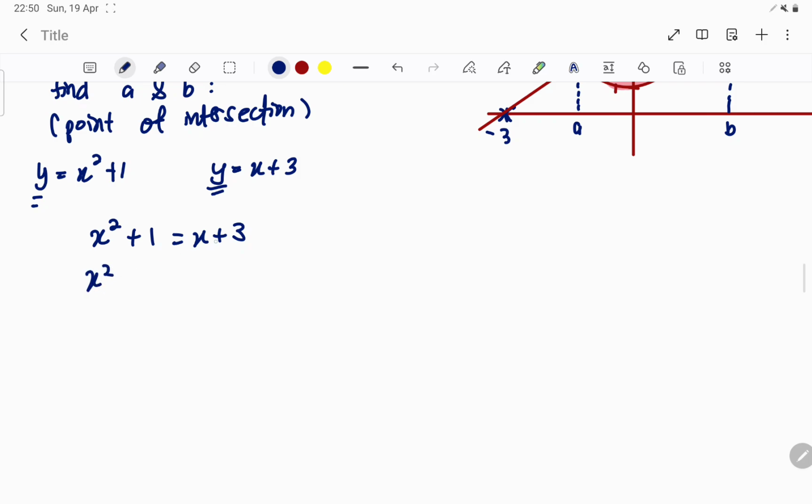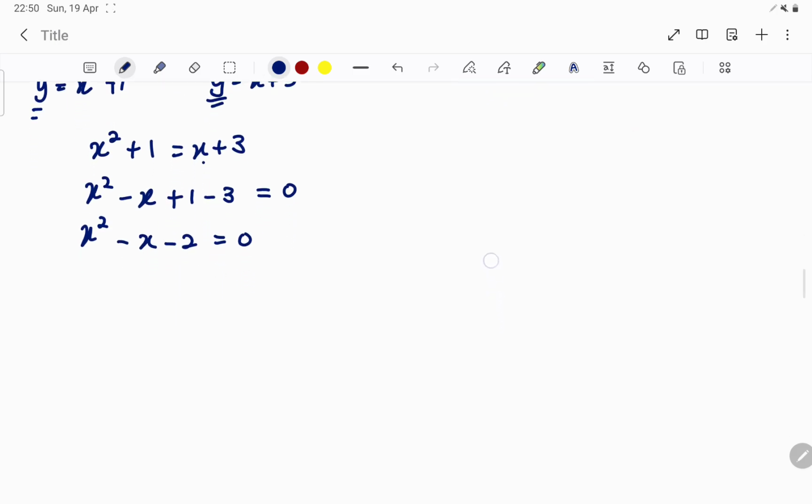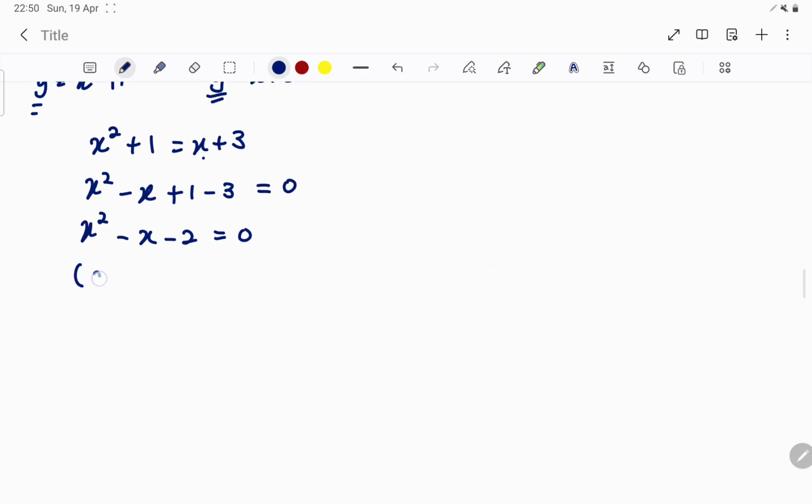So x squared here, you bring x to the left side, you're going to get x squared, negative x, and then plus 1 you maintain. And then you have also plus 3 at the right side, and you bring to the left side, negative 3 equal to 0. And then here you're going to get x squared minus x minus 2 equal to 0. From this, you factorize, then you're going to get x minus 2, x plus 1 equal to 0.